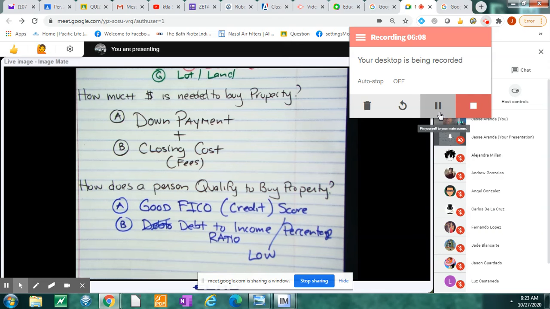You don't want them to calculate that all your income is paying bills. That's why it needs to be low. If you make $100, you don't want $50 of it going to bills. You want at most $20, 20%, not 50, not 60, not 80, because otherwise they don't think you're going to pay.